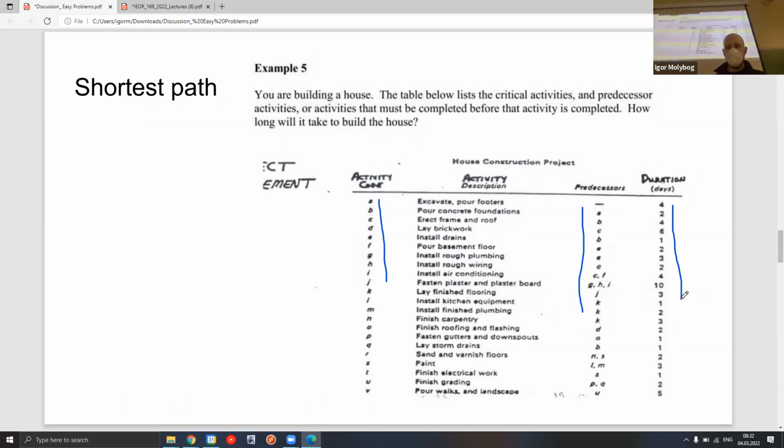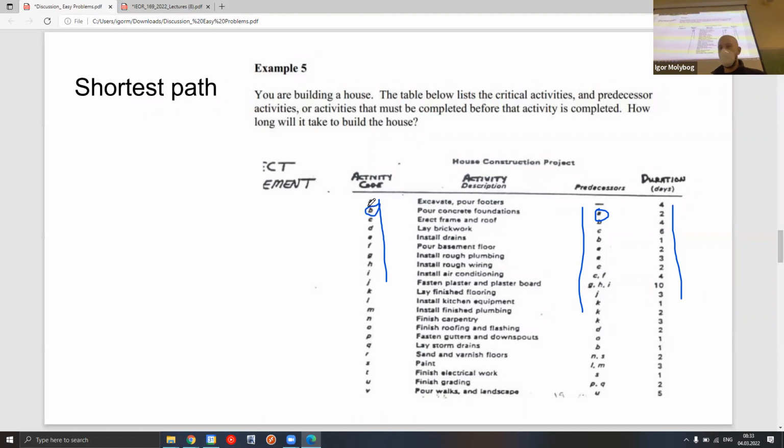Do you agree with me that, okay, let's start with the beginning, with the definition of the nodes. Do you understand how I defined them? Okay, so the arcs in this problem are going from the predecessor activity, that is listed here, to the actual activity that is listed on the left hand side.